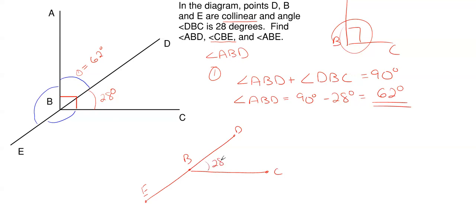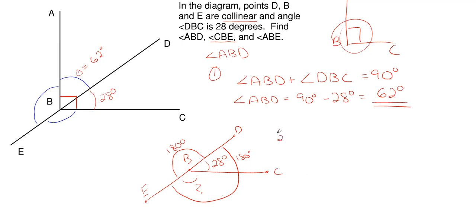So this is 28 degrees. We don't know what that is just yet. That's what we're looking for. But this entire angle right here is 180 degrees. And so is this one. This big old looping one right here is 180 degrees. So with a straight line, you always have 180 degrees. Well, we can get this angle of EBC from the 180 and the 28.